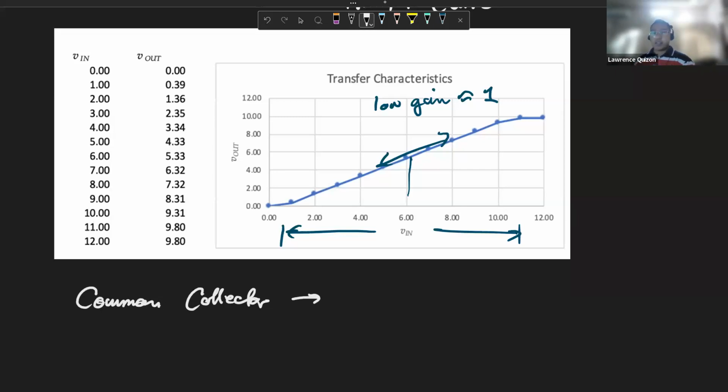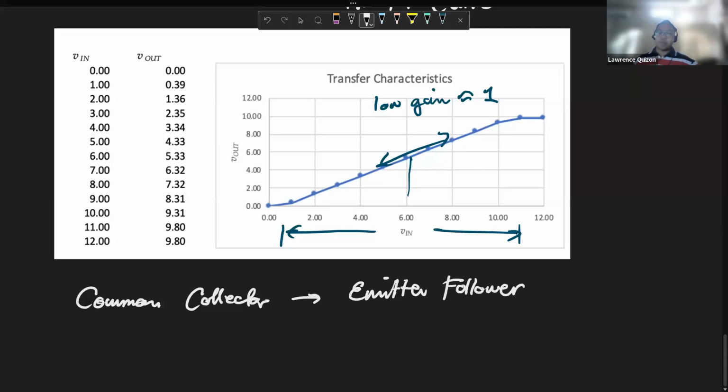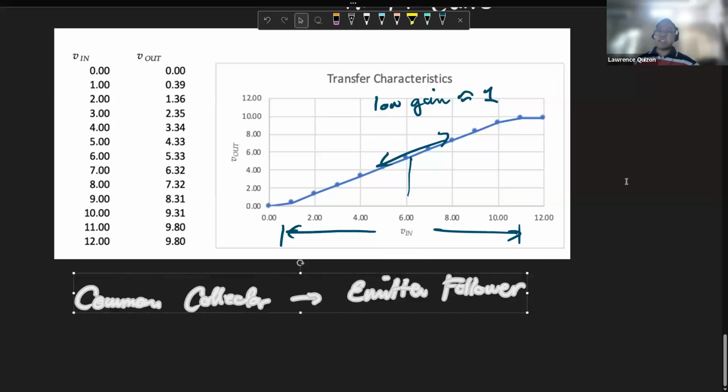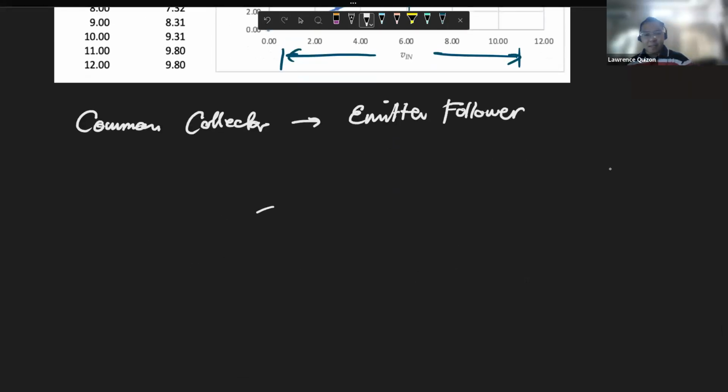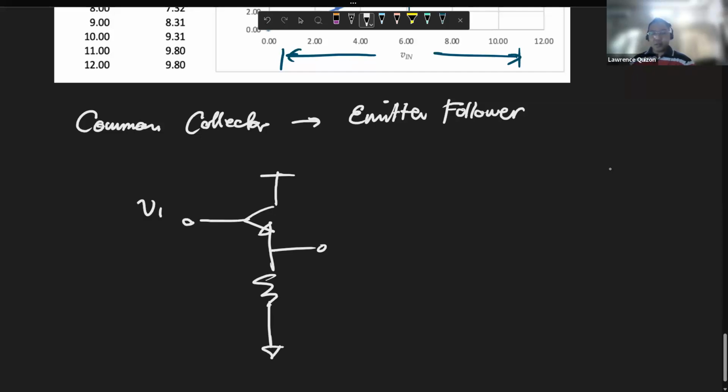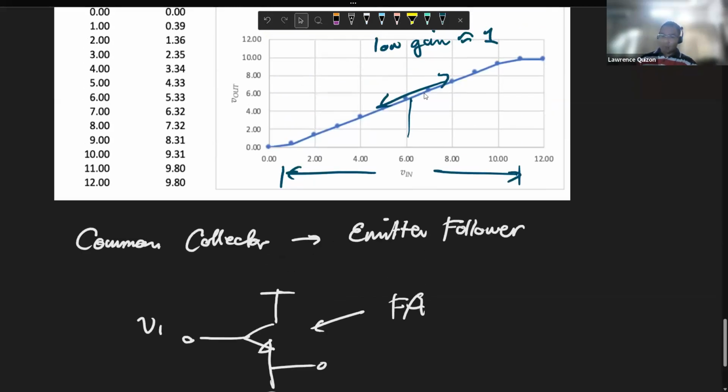The other name for common collector is called an emitter follower. And let's see why. So, last na talaga. Truly, truly last. Ang ginagawa kasi netong circuit na to is, di ba, kung forward active, ito all of the time, no?